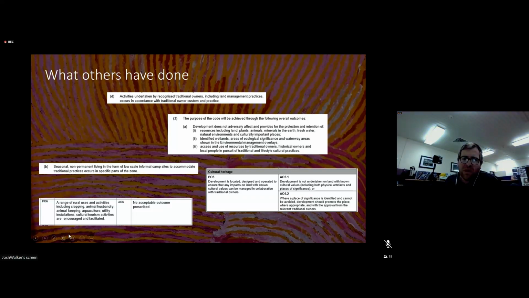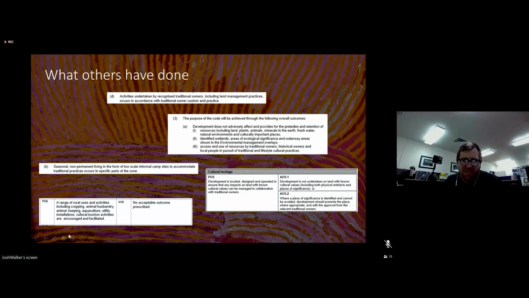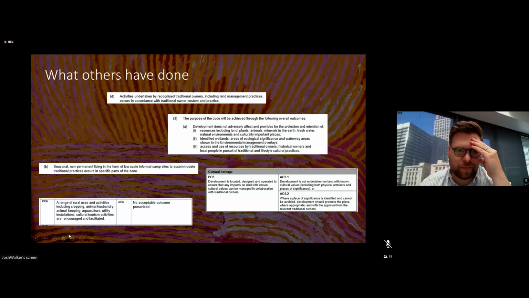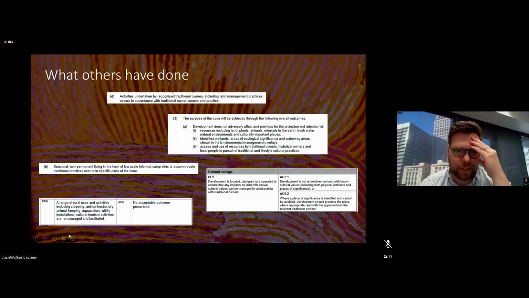Anyone see anything in there that they think is particularly good? No, I was going to point out that seasonal is pretty, again, like D, what is seasonal? And then have they mapped the specific parts of that particular zone? Yeah.